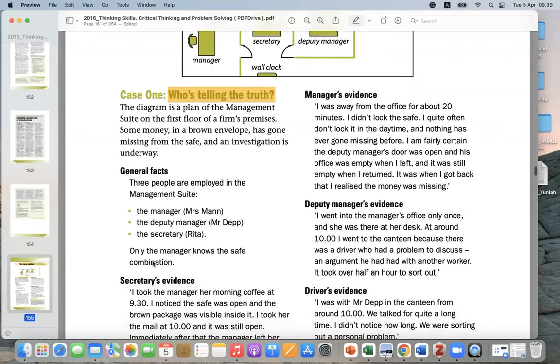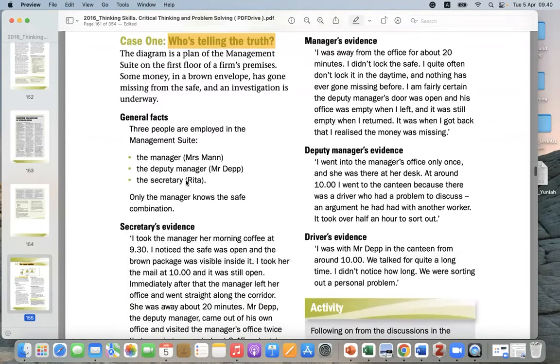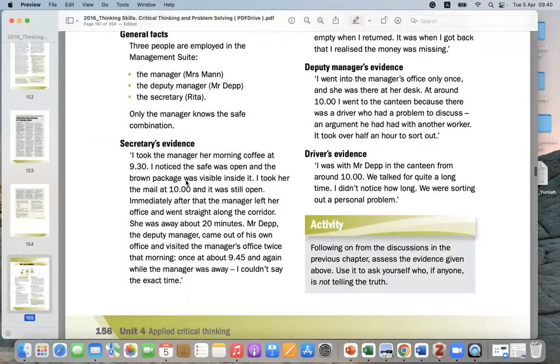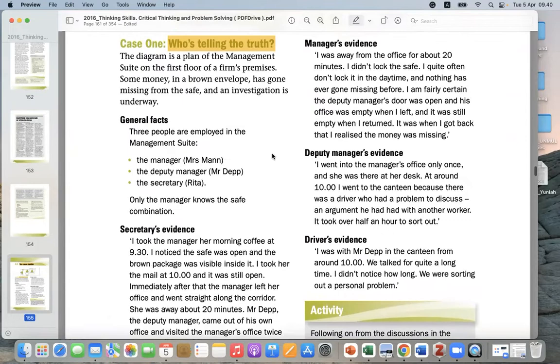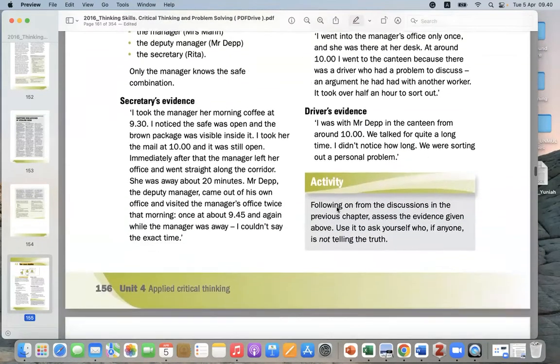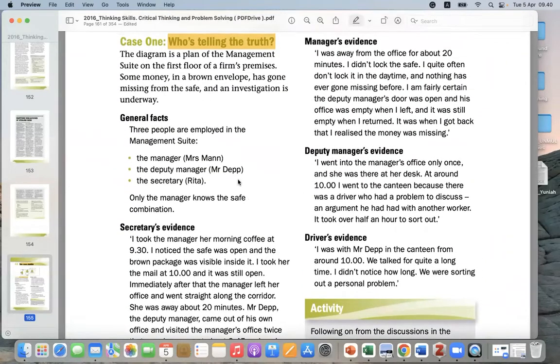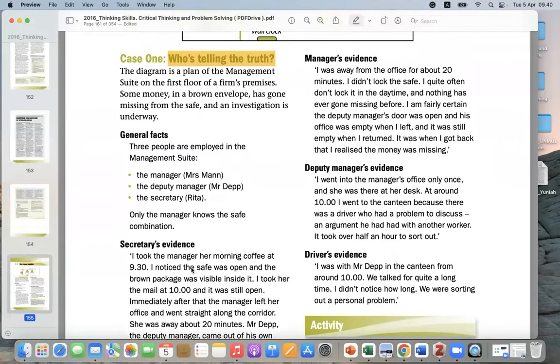Okay, only the manager knows the safe combinations. The manager is someone who is very important. Then you can read the evidence from the secretary, the manager, the deputy manager, and the driver. These are the testimonies of each person.